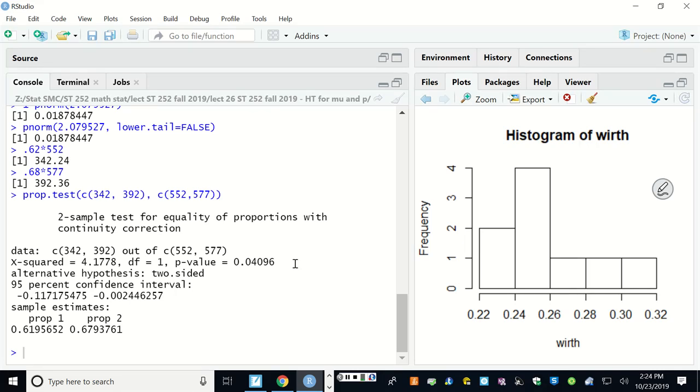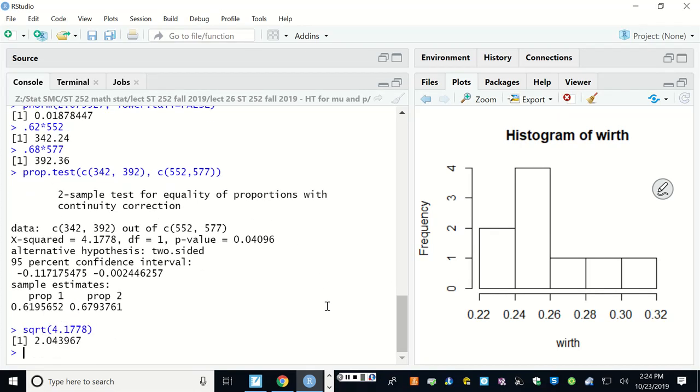It's a two-sided test. If you take the square root of this x-squared, it's roughly like a z-value. And a z-value of about 2.04 would be significant at the 5% level. So this chi-squared statistic shows up there, but it has the same type of meaning in this context.